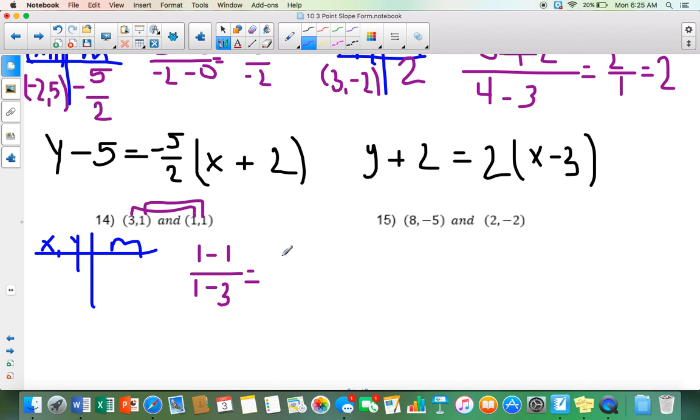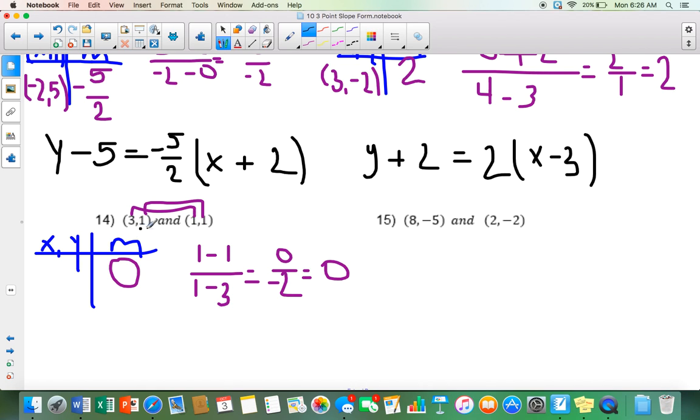So 1 minus 1 is 0 over negative 2. Now if we put this in our calculator, we know 0 divided by negative 2 is 0. So again, bells and whistles should be going off. What kind of a line has a slope of 0? Okay, it's going to be a horizontal line, which goes through our y-axis.